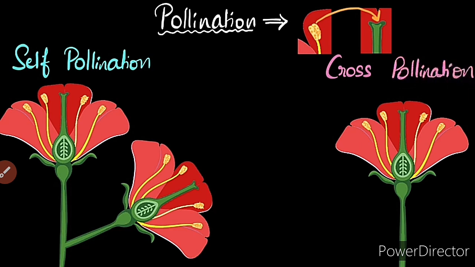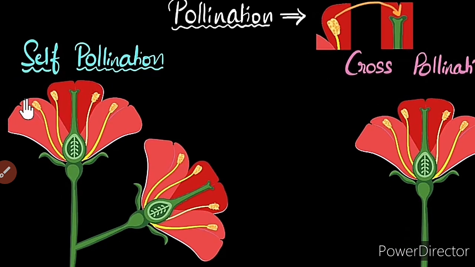Now, what is self pollination? If the pollen grain transfers within the same plant itself, then it is called self pollination.